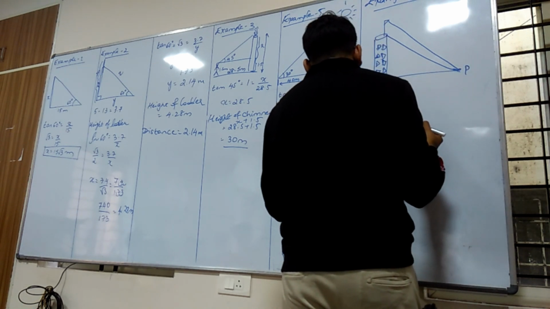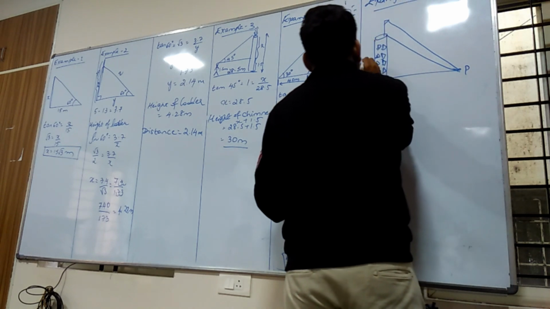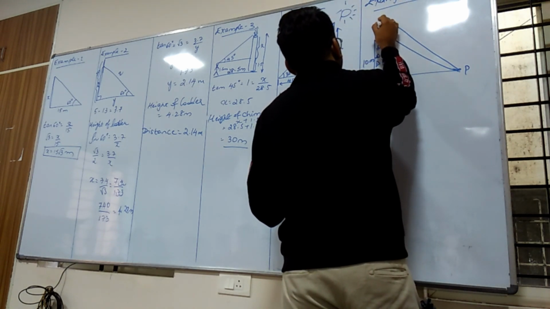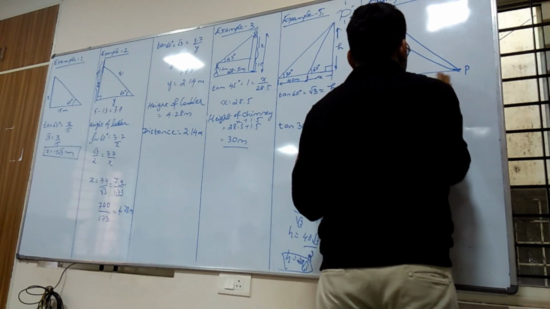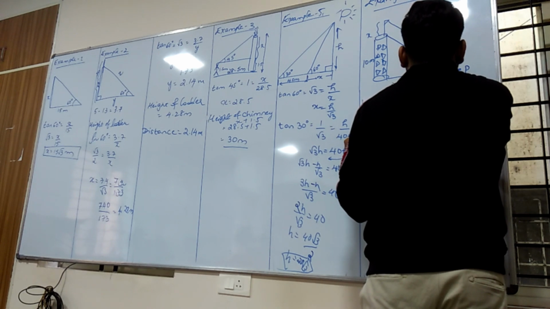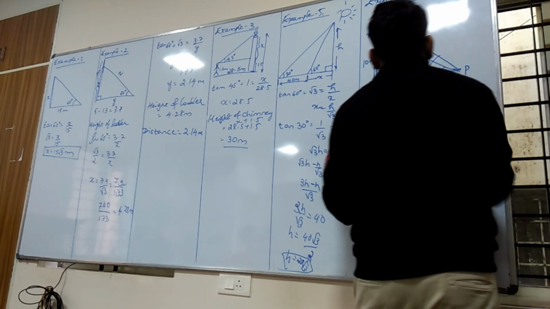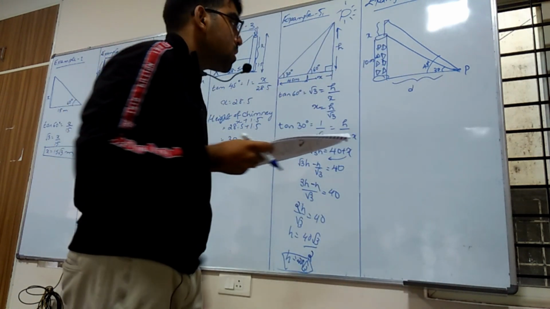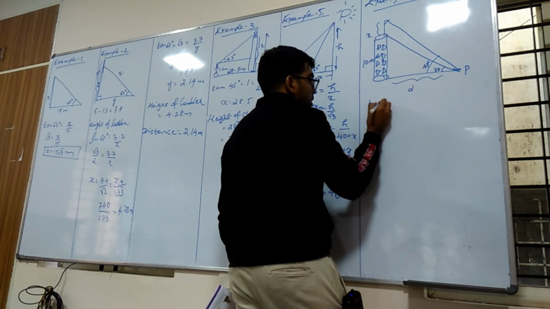They have given the height of the building to be 10 meters. We don't know this height x. We have to find this distance d. They have given this to be 30 degree, this to be 45 degree. So apply tan 30 degree and find out d.